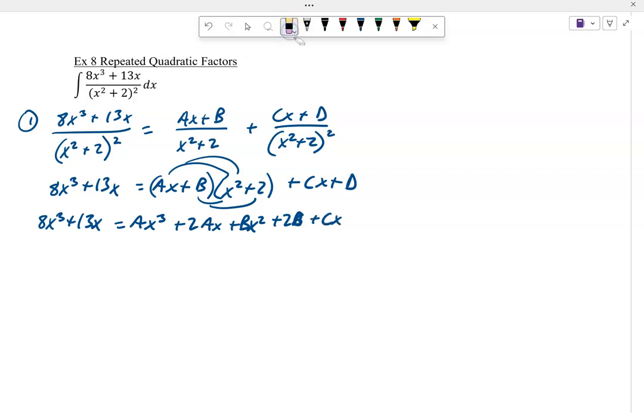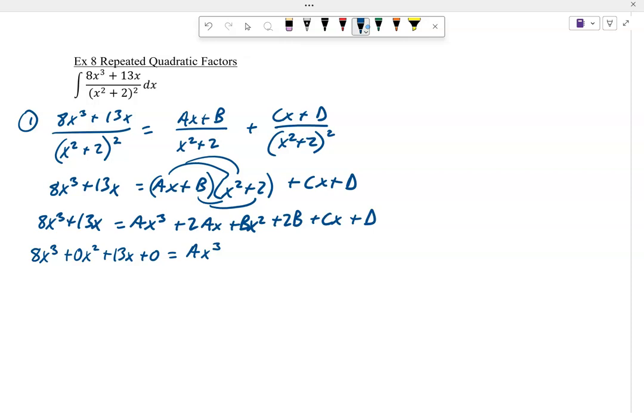Let me write this as 8x cubed. Notice there's no x squared term. Then I got 13x, and there's no constant either.